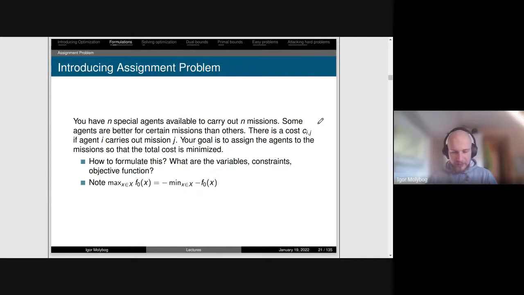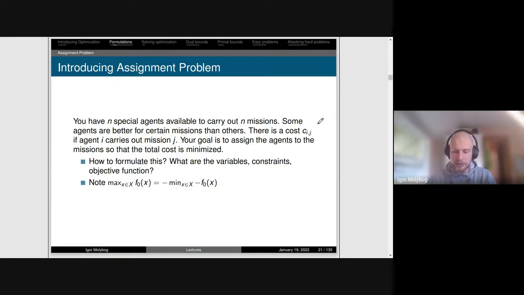All right. So introducing the assignment problem. Everyone loves the assignment problem. So you have n special agents available to carry out n missions, or you have n people to do n jobs. Some agents are better for certain missions than others. There is a cost Cij if agent i carries out mission j.